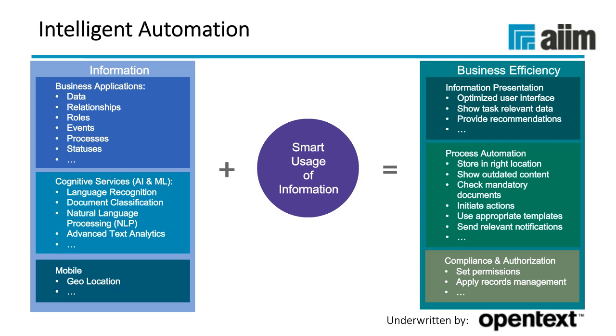So having these worlds combined now, I get a lot of information from other sources. So I get information from these leading business applications. I get information like data, let's say customer data, sales opportunity, employee data, stuff like this. Relationships. I know the relationship between a customer, sales opportunity maybe, also service case to this one.